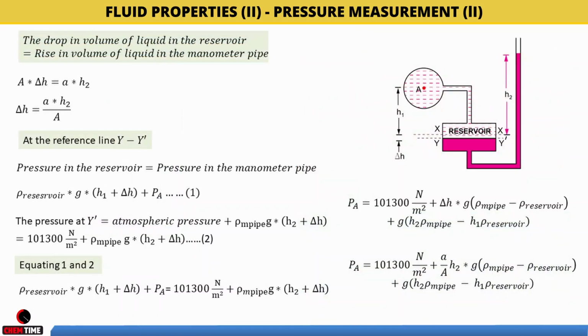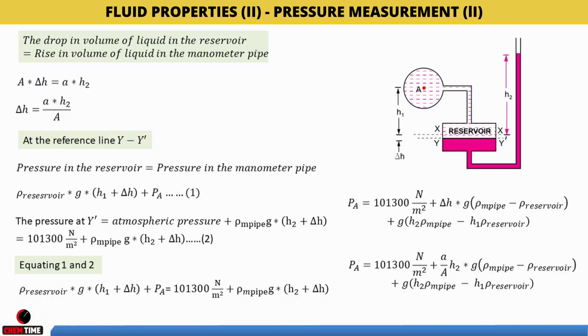In this particular case, the pressure at X and X' will be the same. Similarly, the pressure at Y will be the same. When pressure is applied, the liquid level in the reservoir drops and the liquid level in the smaller pipe rises, so the drop in volume of liquid in the reservoir will be equal to the rise in volume of liquid in the manometer pipe.